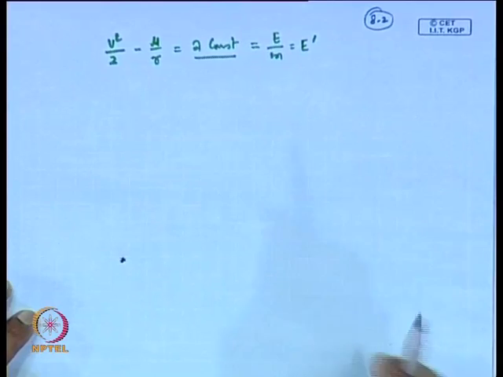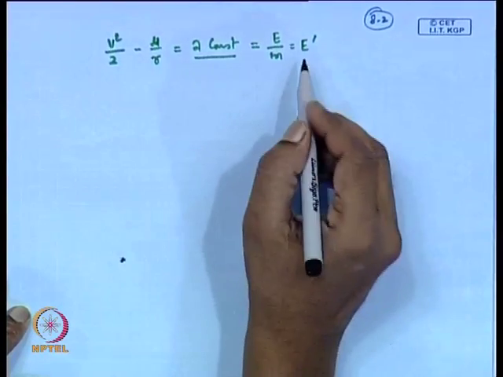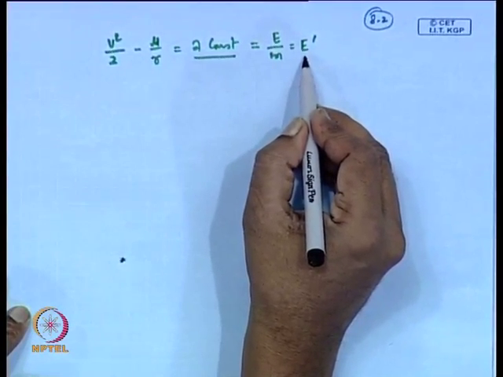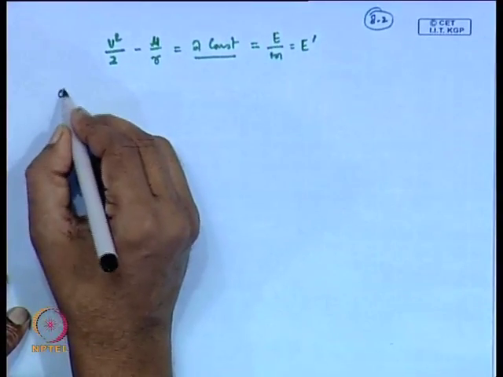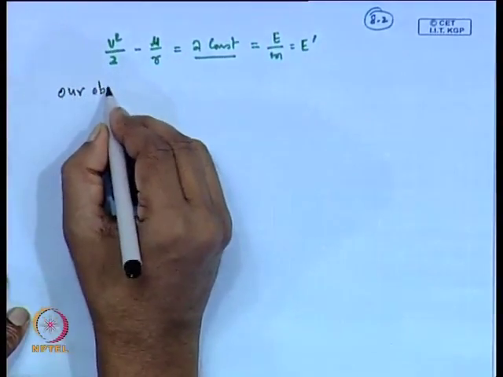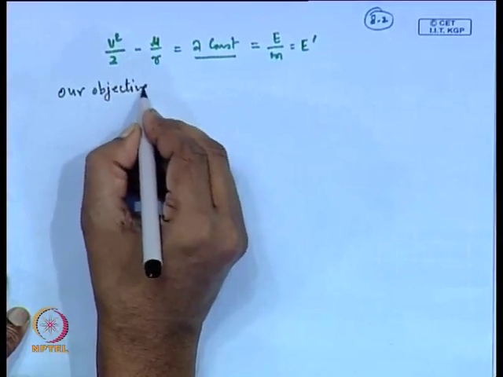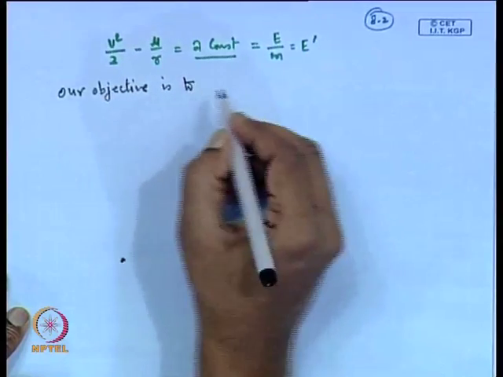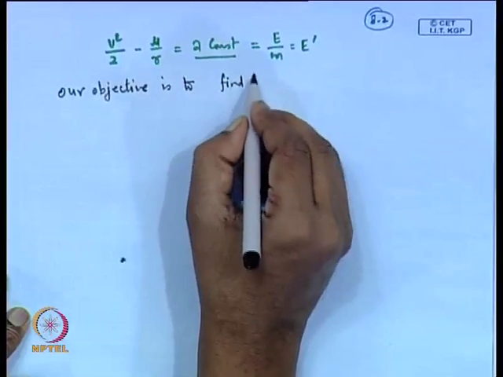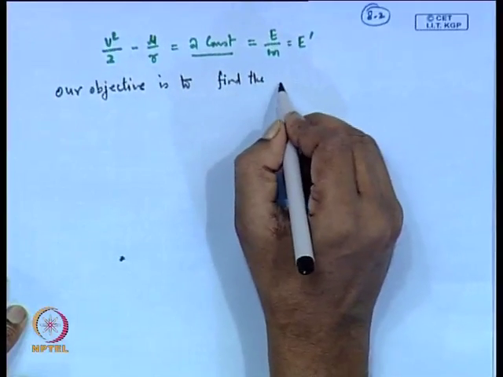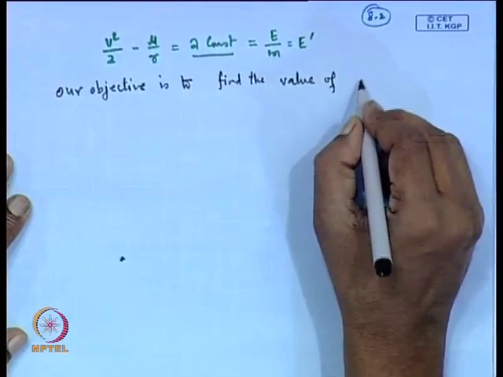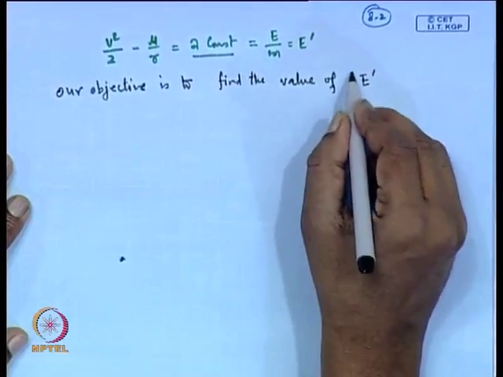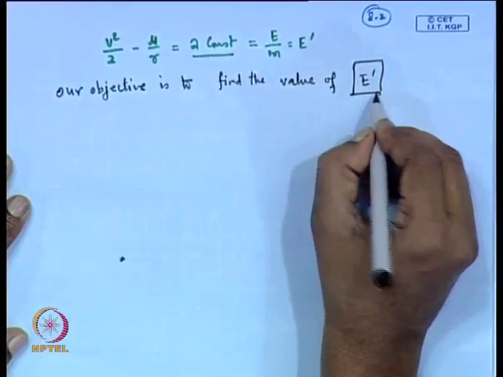Now, this time we want to know how much will be the value of E prime, or E by m. Our objective here is to find the value of E prime.